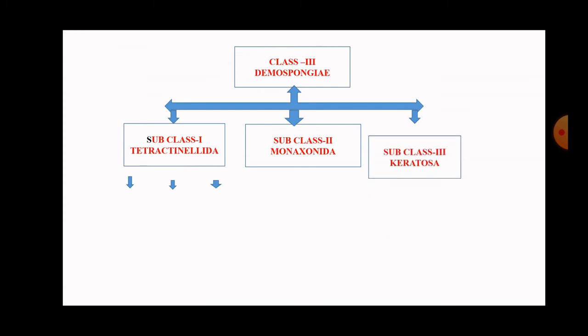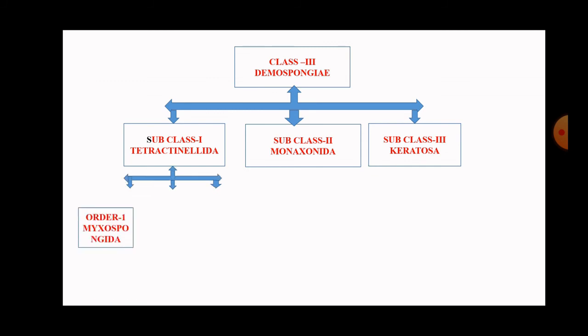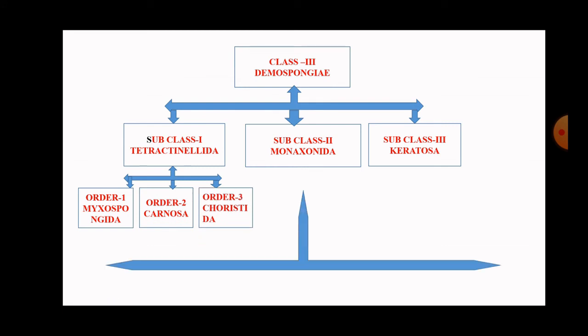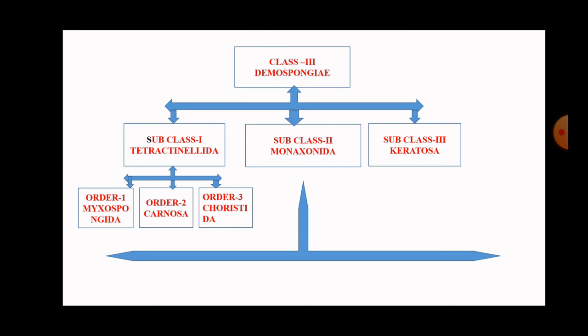Let us see the subclass 1 Tetractinellida. It can again be divided into three orders. Order 1 Myxospongida, order 2 Carnosa, order 3 Choristida. Let us see the subclass 2 Monaxonida.